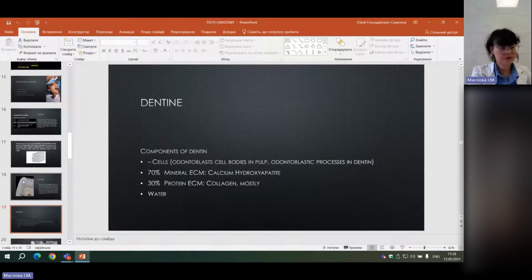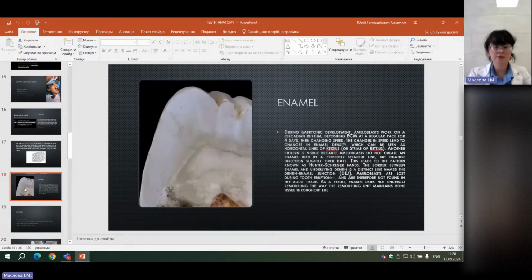Mature enamel is organized in long, thin rods of hydroxyapatite crystals. The enamel covers coronal dentine, while the radicular dentine is covered with cementum.